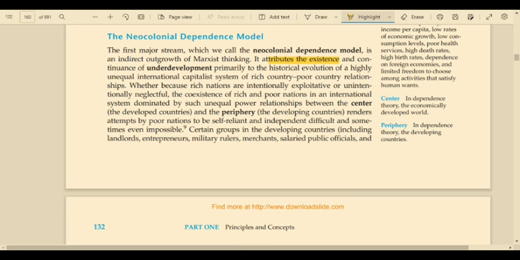The first major stream, which we call the neo-colonial dependence model, is an indirect outgrowth of Marxist thinking. So basically they are referring to the idea founded by Karl Marx. It attributes the existence and continuance of underdevelopment primarily to the historical evolution of a highly unequal international capitalist system of rich country-poor country relationships.